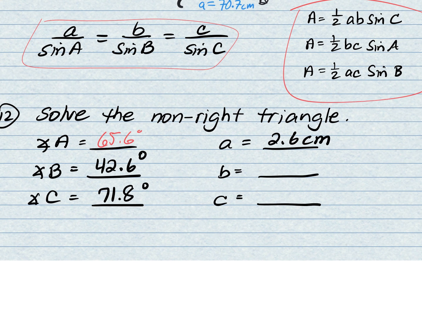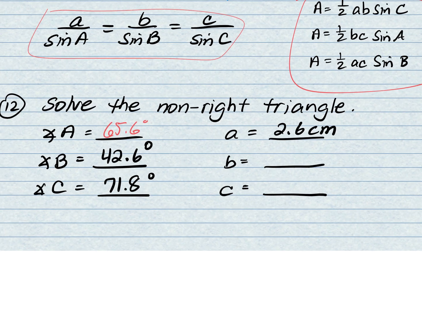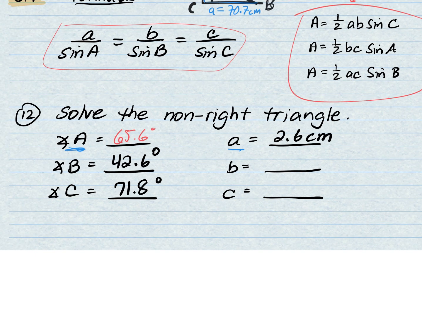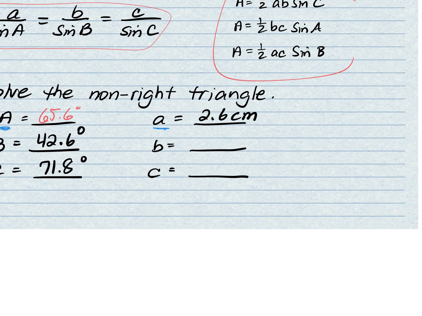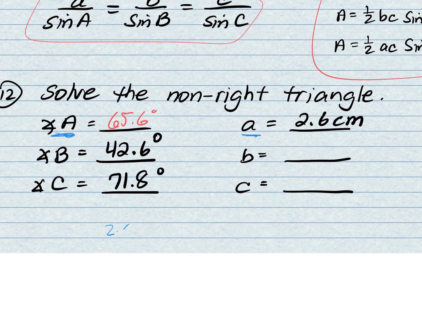And now to find our sides, we can use law of sines, right? Now that I have a pair, I have an angle A and I have the same side A. If you have a pair, you can use law of sines. So we can do A over sine A, so 2.6 over sine of 65.6, equals, let's try to find B. So B over sine B, so B over sine of 42.6.